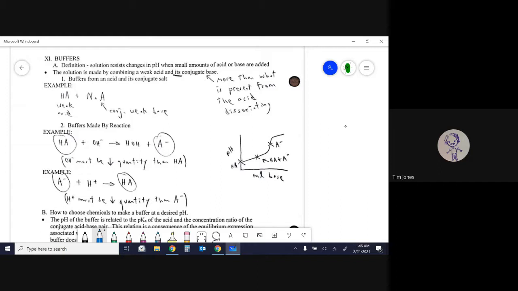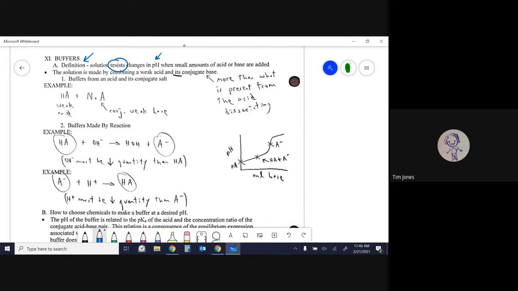The typical definition is that it resists a change in pH when reasonably small amounts of acid or base are added. So you have a solution at a particular pH, and a little bit of hydrochloric acid is added, or a little bit of sodium hydroxide is added, and the solution essentially absorbs the added thing and keeps the pH either exactly the same or very close.